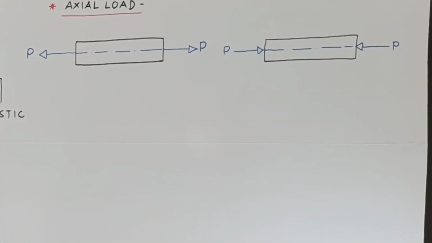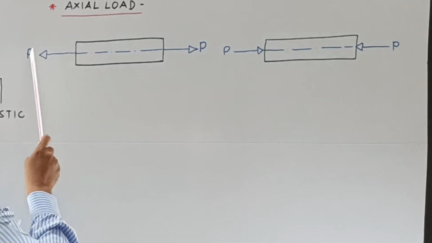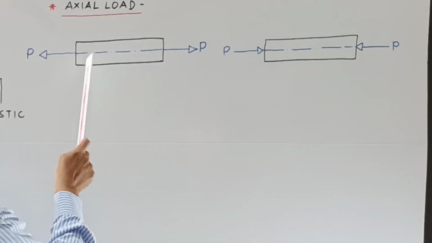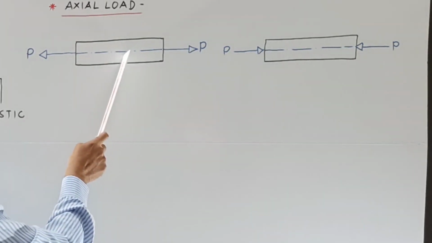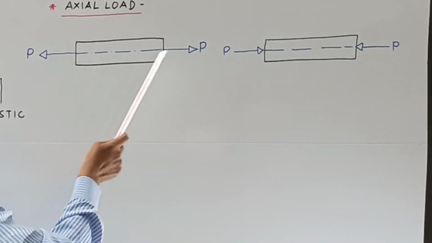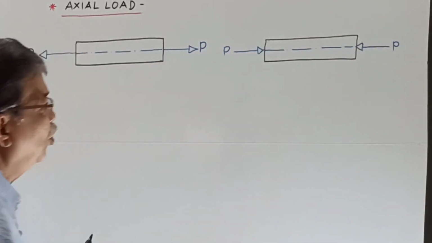Whenever the line of action of the external load coincides with the axis of the member, that is known as axial load. Here also the load is axial, here also the load is axial.